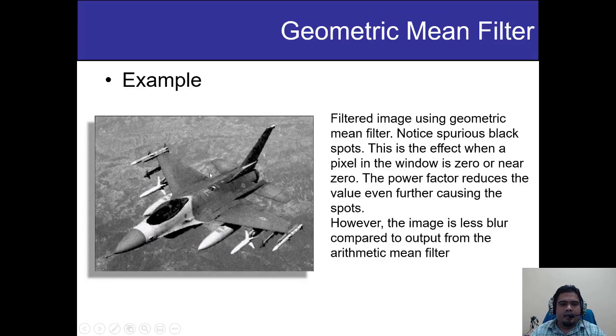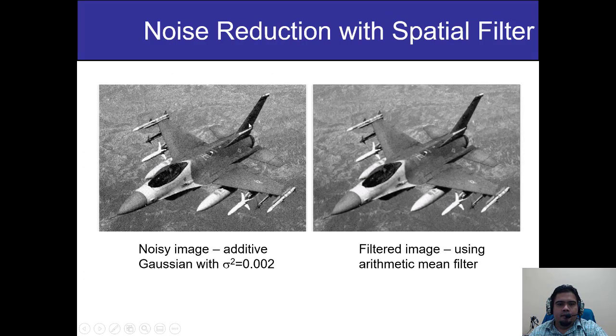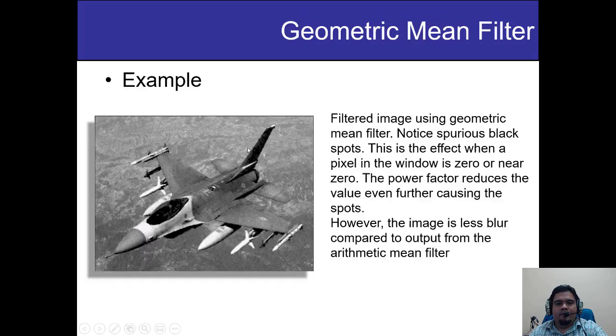Any point which is black at the input side will become very obvious at the output side. Meaning that if the dark pixels are very small, they become very big. And if the input consists of a dark region, it will become very obvious at the output side.